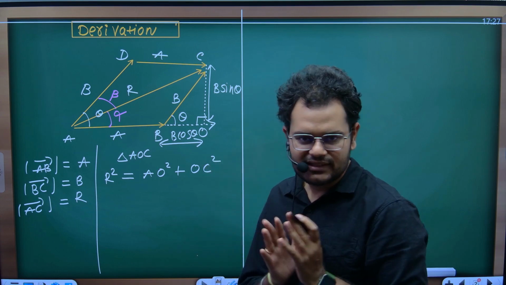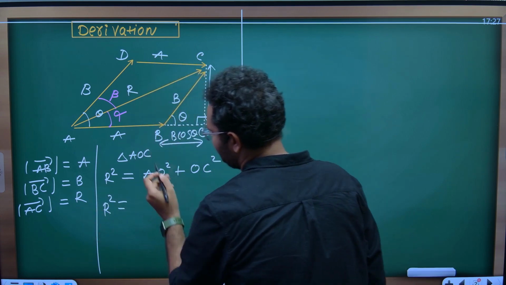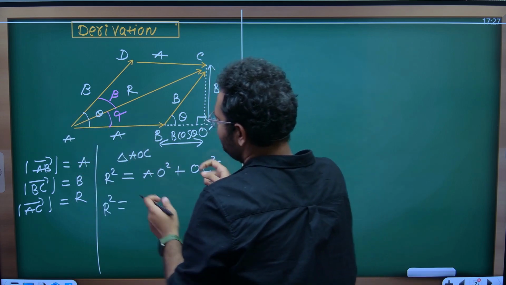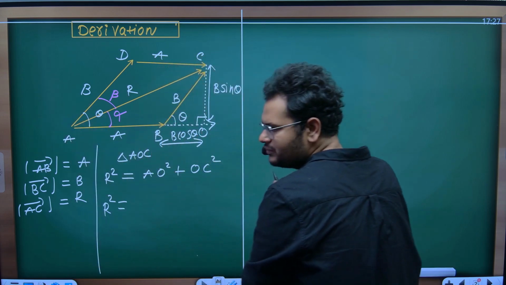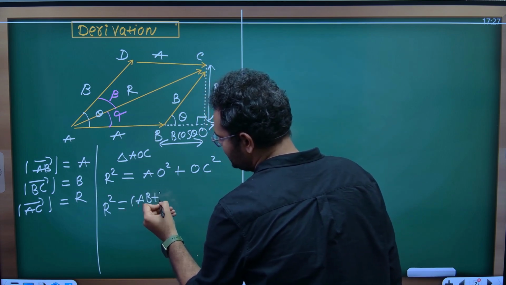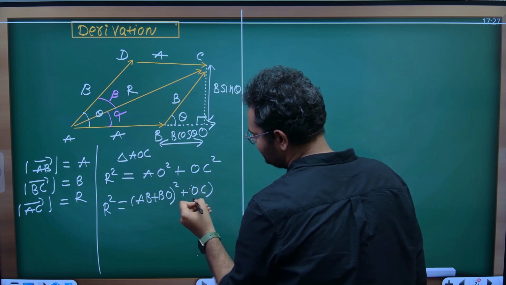Easy? Yes sir. Now AO is nothing but AB plus BO, right? So I can write this as (AB plus BO) square plus OC square.